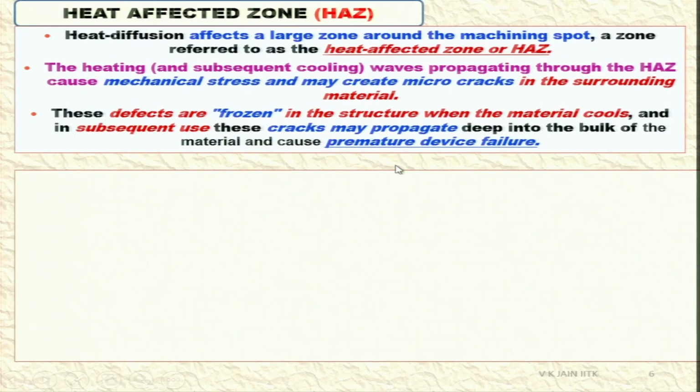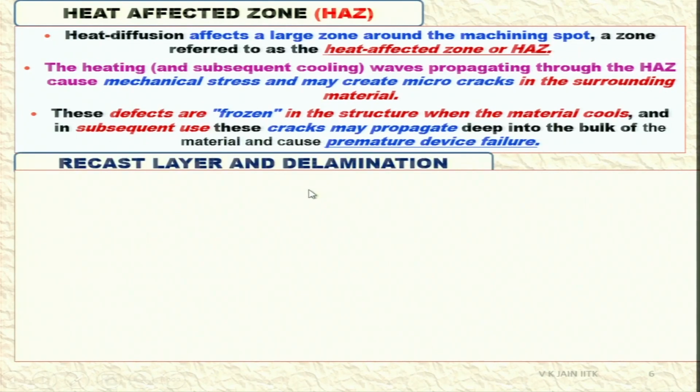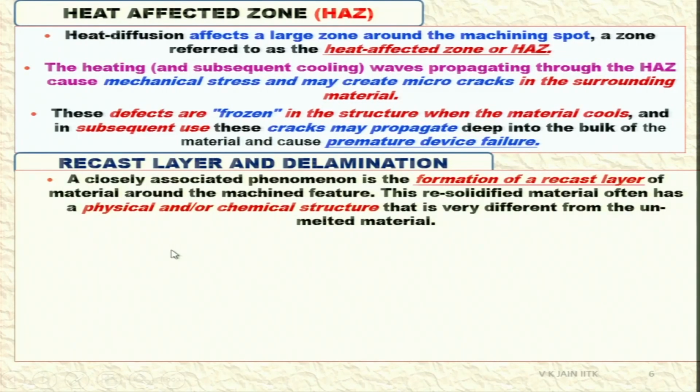So this is another big problem, because these micro cracks expand in the material and later lead to premature device failure. Recast layer and delamination, a closely associated phenomenon, is the formation of a recast layer of material around the machined feature. We have already seen pictures for this.